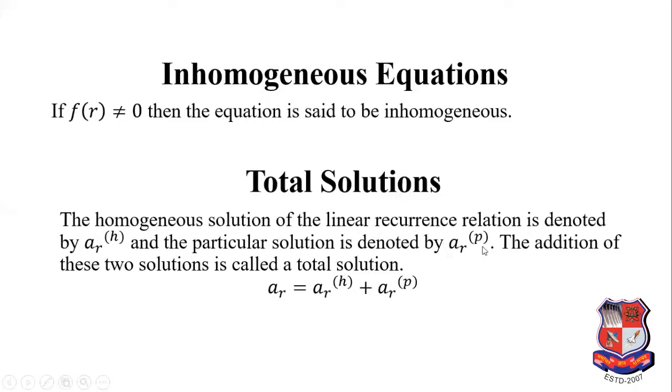Here, this particular solution and the particular solution in the previous case where the initial conditions were given are two different concepts. Here, the total solution is the addition of the homogeneous and the particular solution. The final solution is a_r equal to a_r^(H) plus a_r^(P).